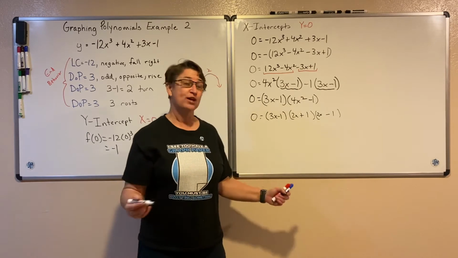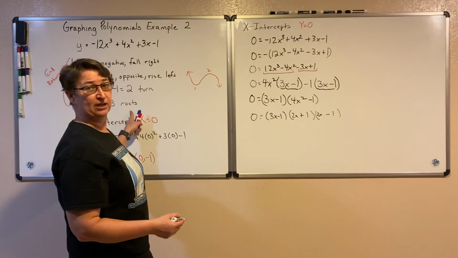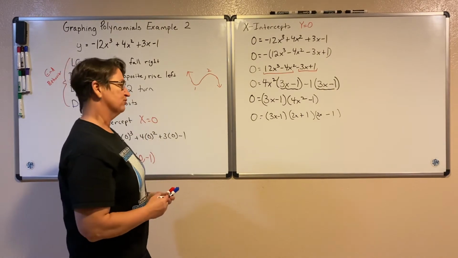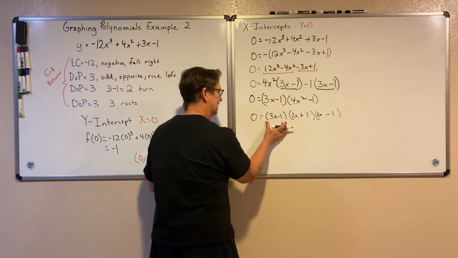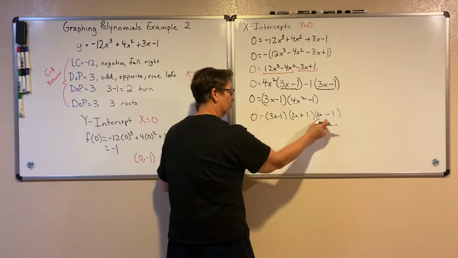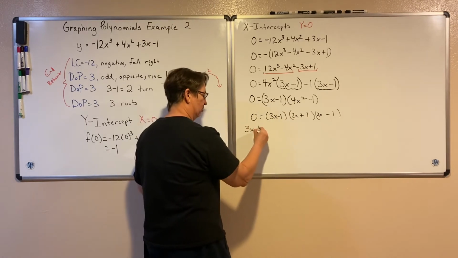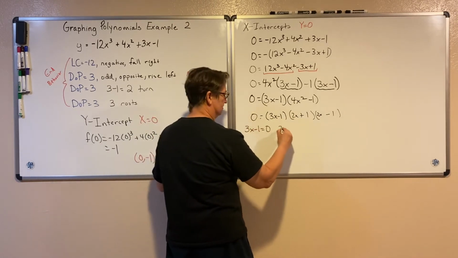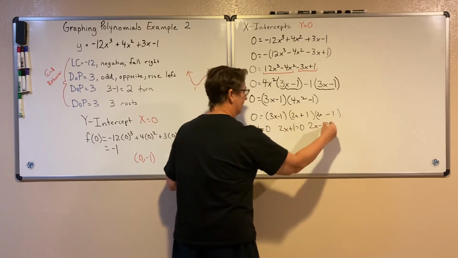Notice there are 3 of them. 1, 2, 3. Just like we said there would be. 3 of those linear factors. So now I'm going to solve for each one of those. I set each one to 0, because when 3 numbers multiplying together equals 0, one of them has to be 0. So that guy set to 0, this guy set to 0, and that one set to 0, and I just solve.